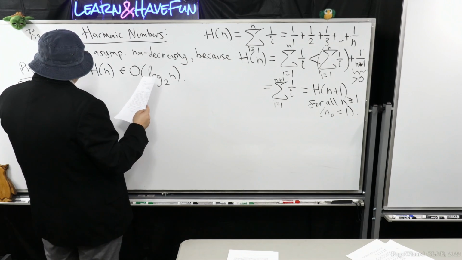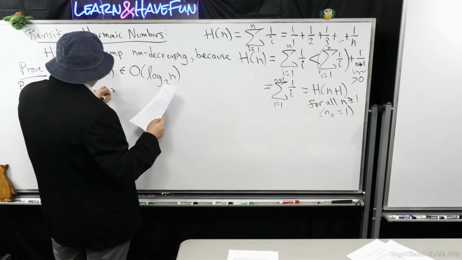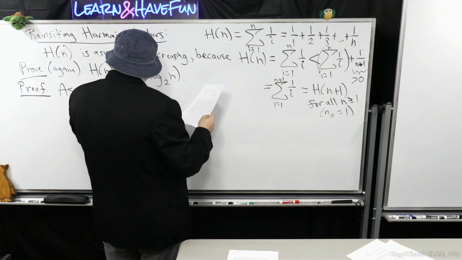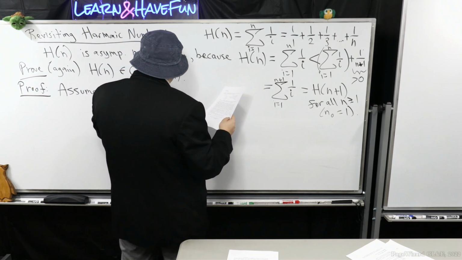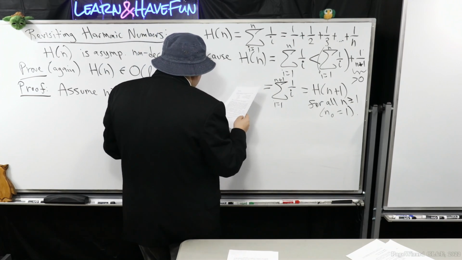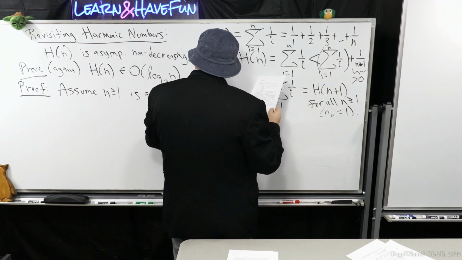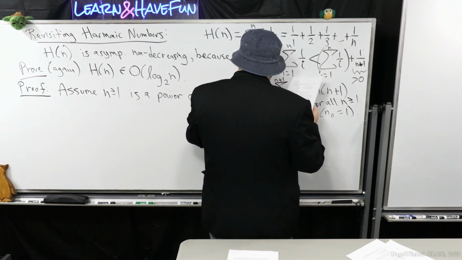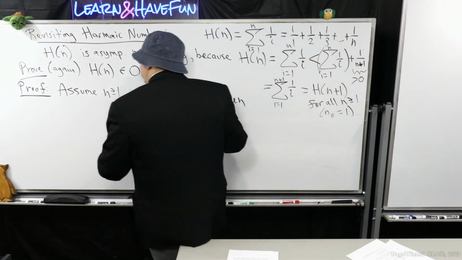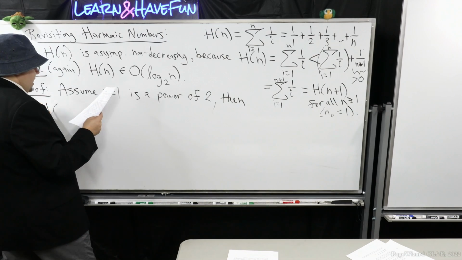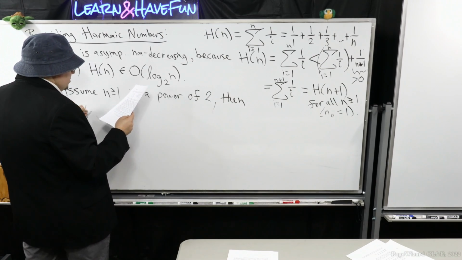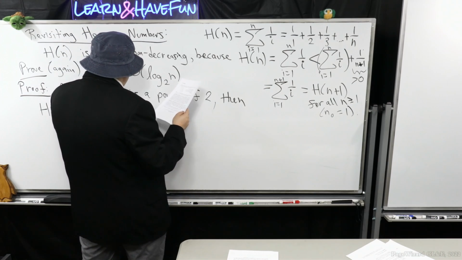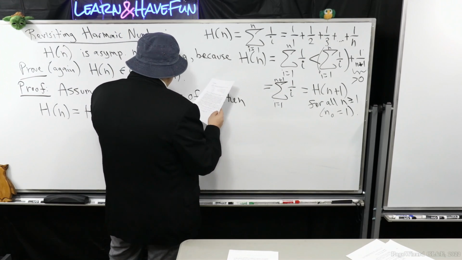I'm going to assume n is greater or equal to 1, because that's just the way these definitions work. n is a power of 2. This is very often how you set up using the smoothness rule. Then H of n is equal to H of 2 to the power of k for some k greater or equal to 0.